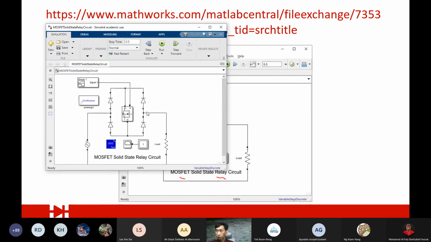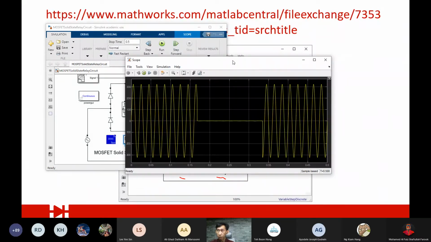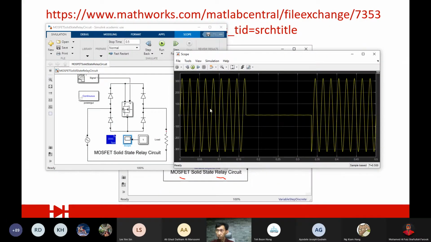What happened is that you can see I just fully turn on, turn off, and turn on again, so it just acts as an AC switch.